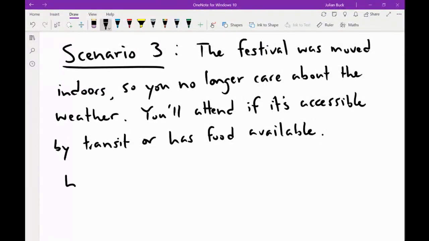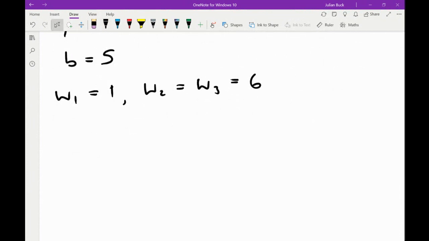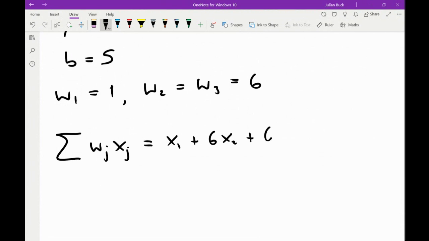Okay, let's keep the threshold at 5. And this time we're going to set the following. We'll set W1 to be 1, W2 and W3 to both be equal and both be 6. So now our net input is x1 plus 6x2 plus 6x3.